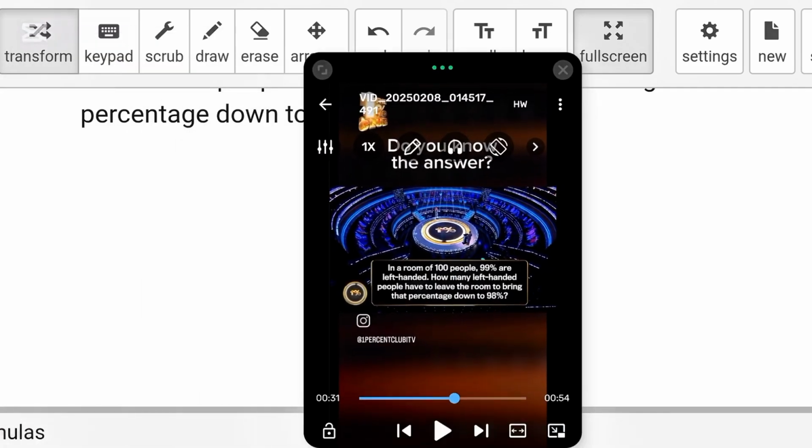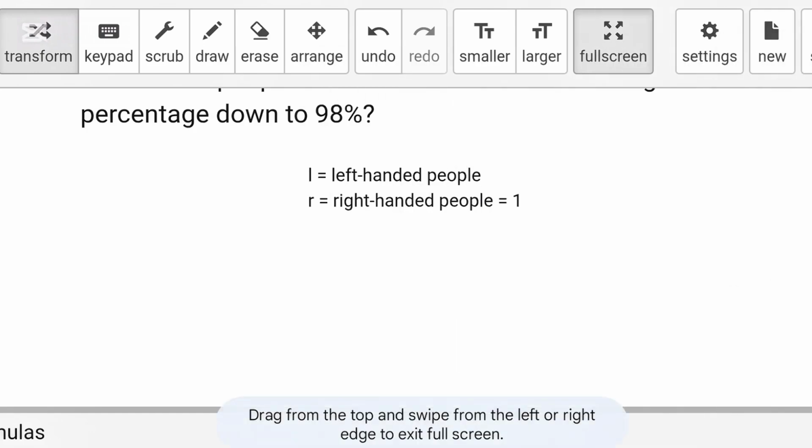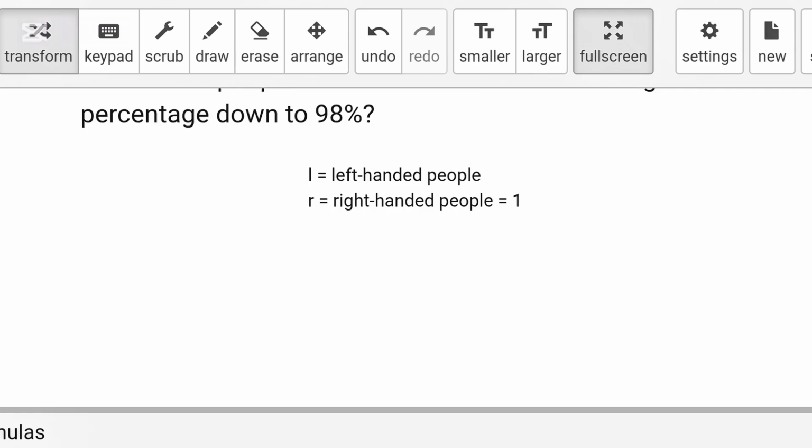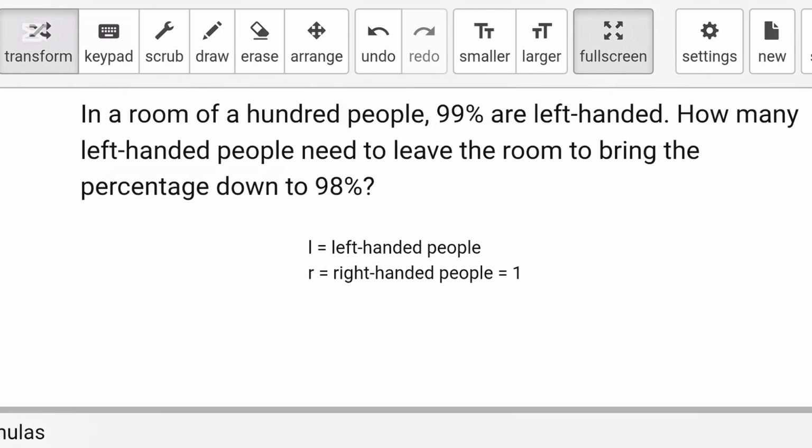Okay, so this is a very simple question, and I'll try to answer it in two ways if I can. But I think it's very basic. In a room of 100 people, 99% are left-handed. In other words, 1% is not left-handed.